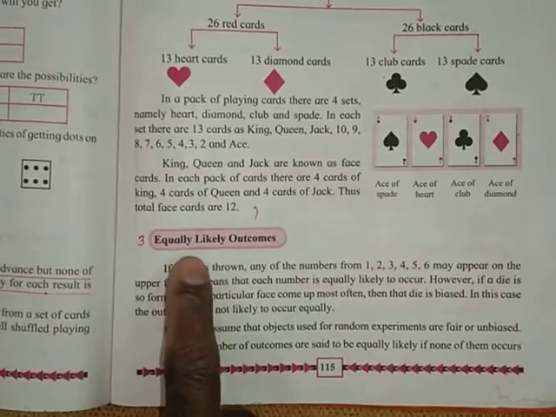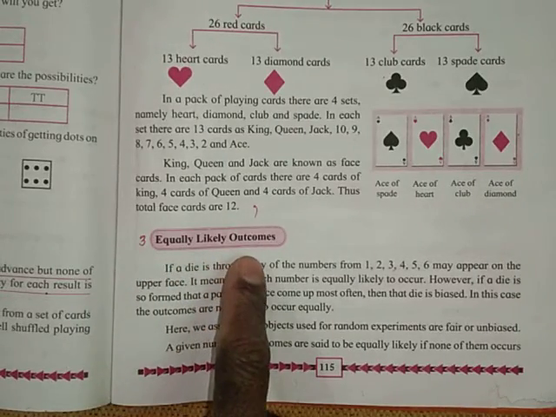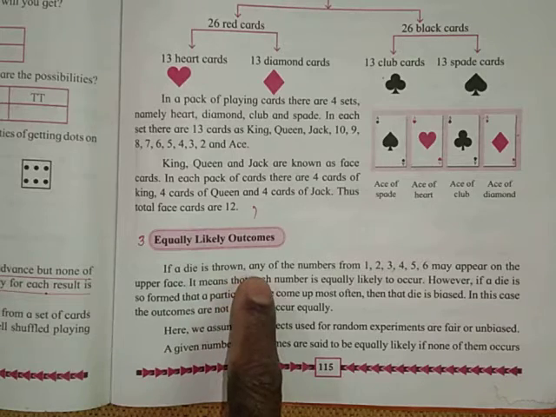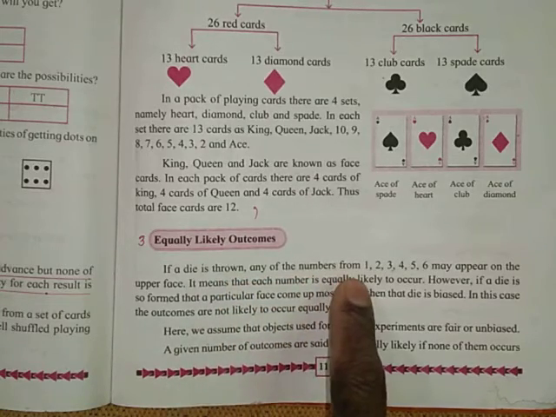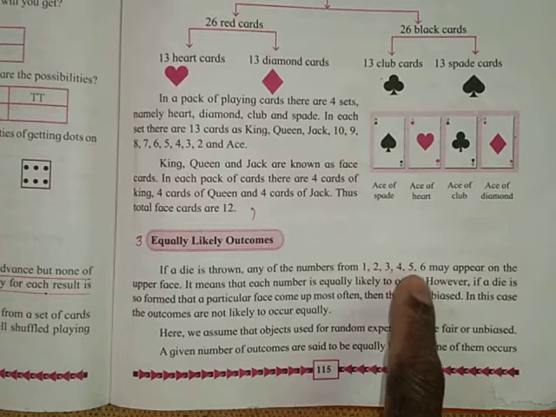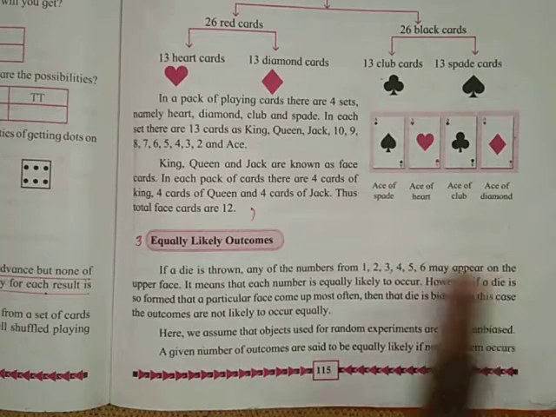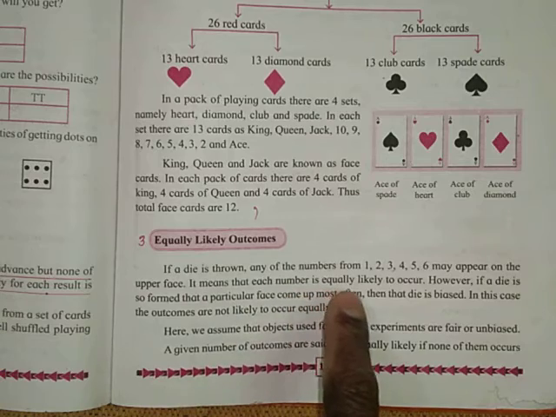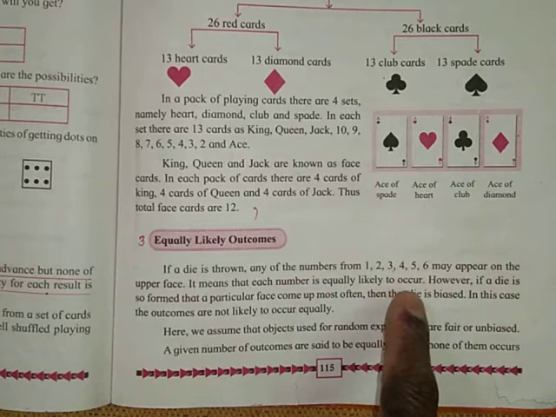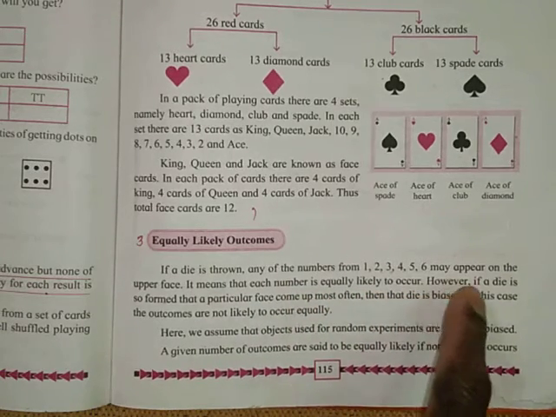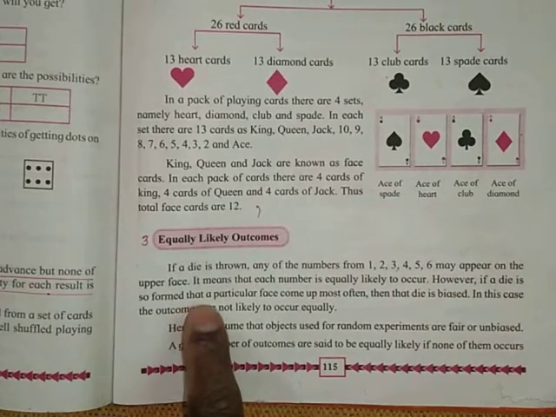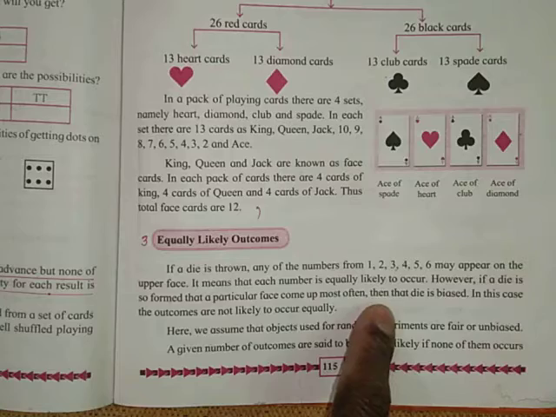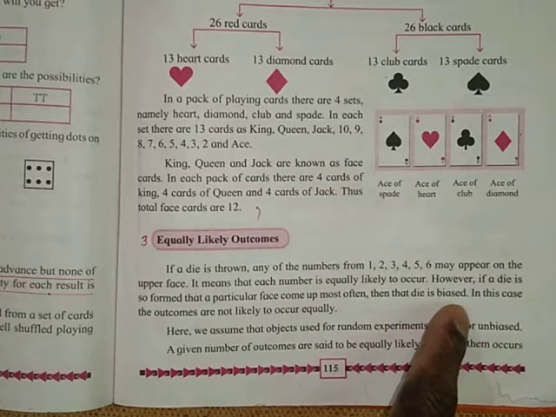Number 3, equally likely outcomes. If a die is thrown, any of the numbers 1, 2, 3, 4, 5, 6 may appear on the upper face. It means that each number is equally likely to occur. However, if a die is so formed that a particular face comes up most often, then that die is biased.